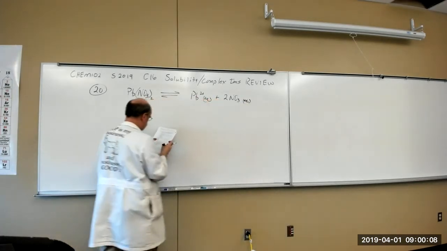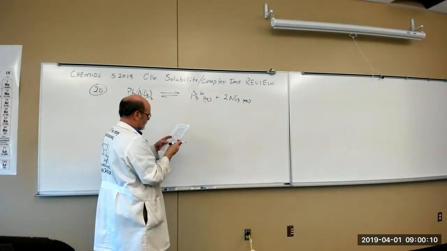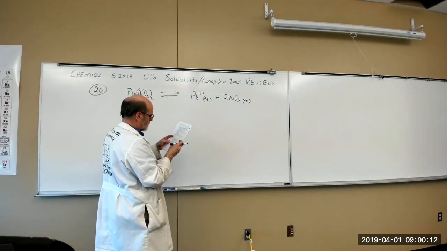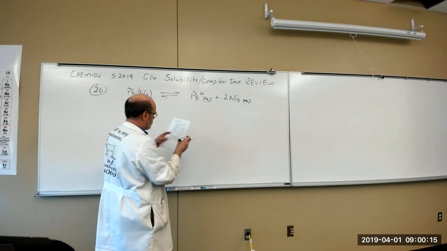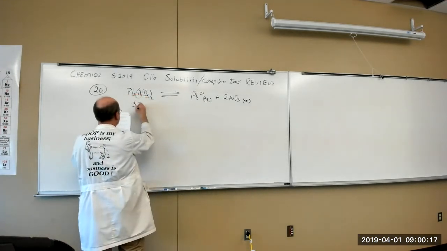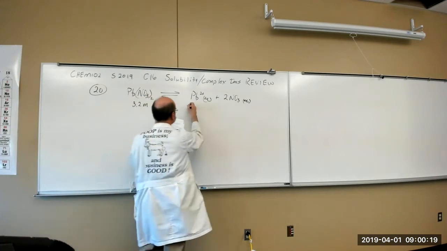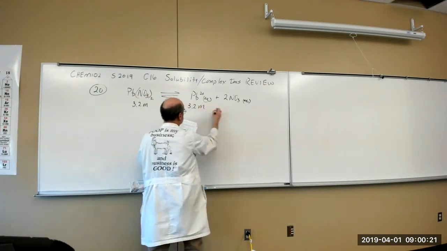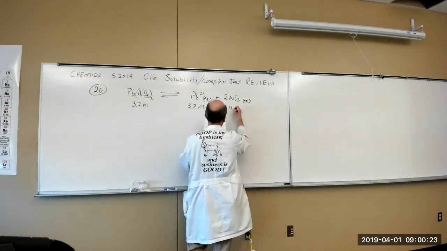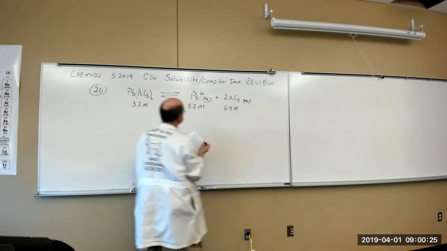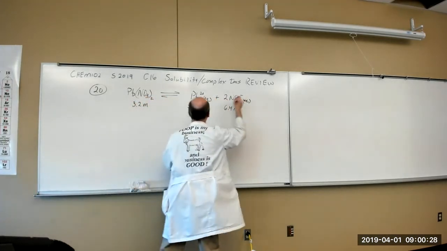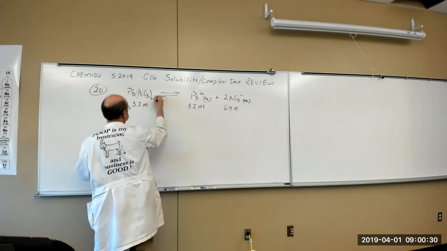So if it says 3.2 molar here, then this is going to be 3.2 molar, and this is going to be 6.4 molar, because this is completely soluble.